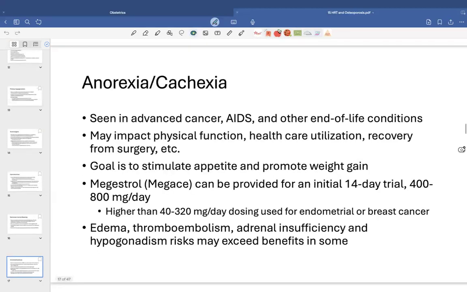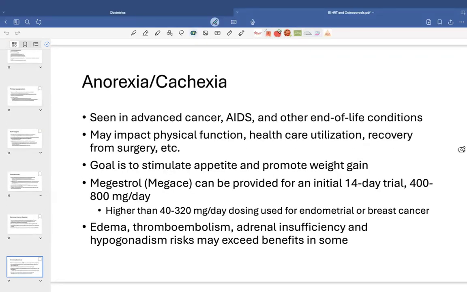But with that, you can see some modest benefits in terms of weight gain and appetite improvement. It does carry some risk though of edema, thromboembolism, adrenal insufficiency, and hypoglycemia. So, you absolutely weigh the risks and benefits.